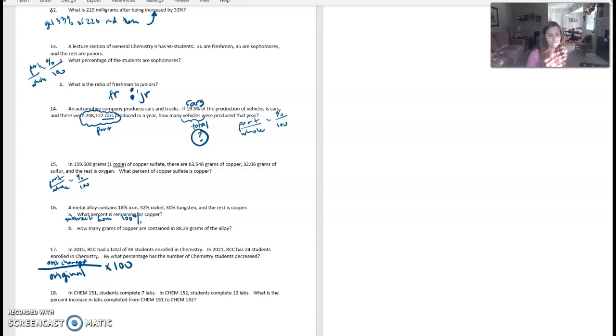These two problems right here are percent increase or percent decrease. I have a video of that, but this is the formula. You put the amount that it changed over the original. So you have to read the problem, and this is a pretty straightforward one because I've given you dates. The original date was 2015.